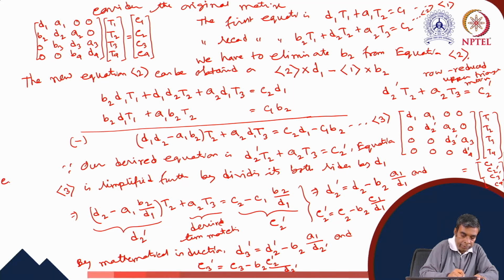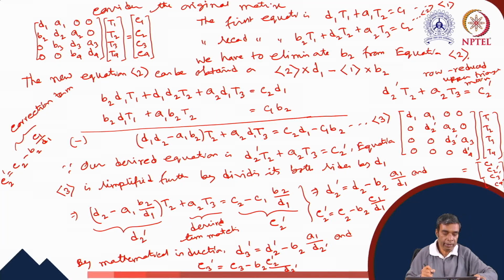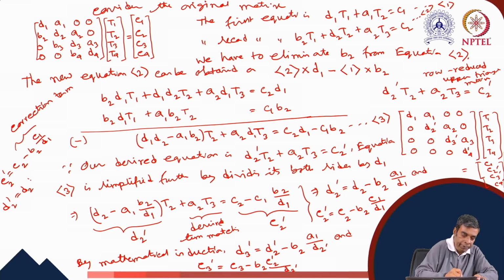Here c2 dash equals c2 minus b2 into c1 by d1. Here this b2 into c1 by d1 acts as the correction term and c2 is the original term. In the same way, d2 dash equals d2 plus correction, equals d2 minus b2 into a1 by d1.